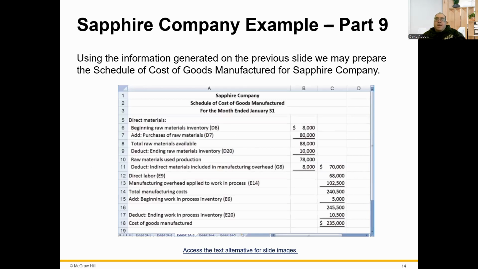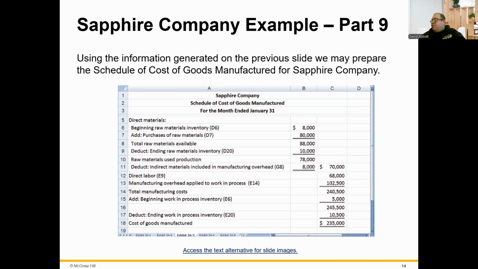And so then from that, what we can do is to create our schedule of goods manufactured. The schedule of cost of goods manufactured is shown here on this screen.